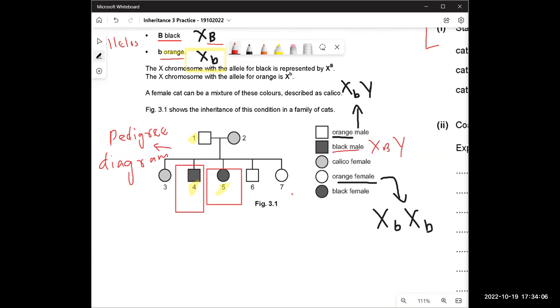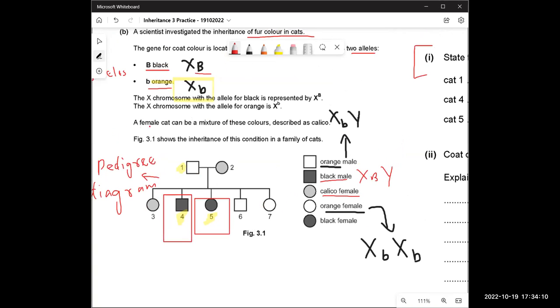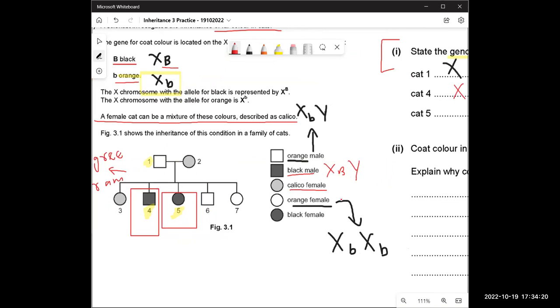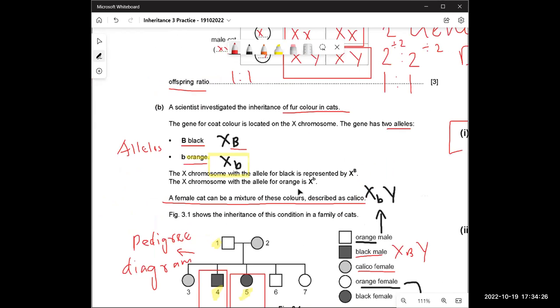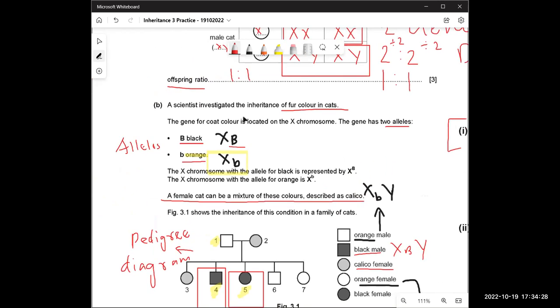Calico female. Calico female, all right. Now, what is a calico female? A female cat born with a mixture of these colors is described as calico. So you have both black and orange. So, what is the genotype? Is it not recessive? Now, it depends. So it's not recessive.